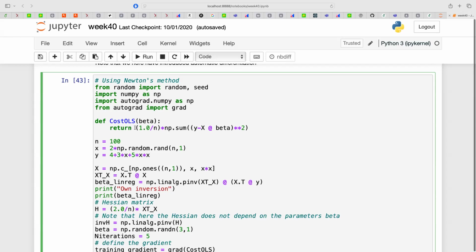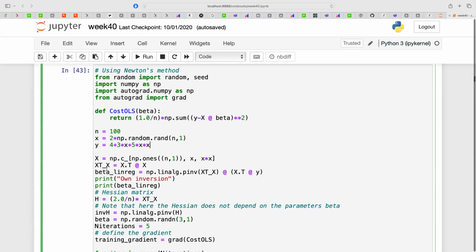And then now I'm calculating the inverse of the Hessian matrix, because I don't need to set up a learning rate. And you can see that I'm setting up the Hessian matrix, the definition here, and I'm performing the standard linear regression, ordinary least squares, where I take the inverse of the matrix.